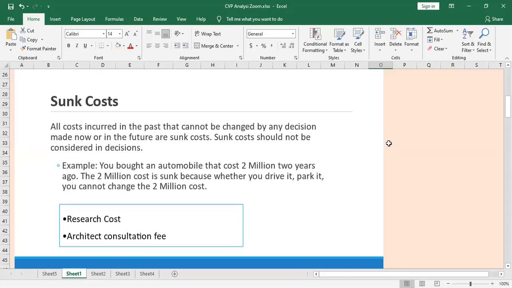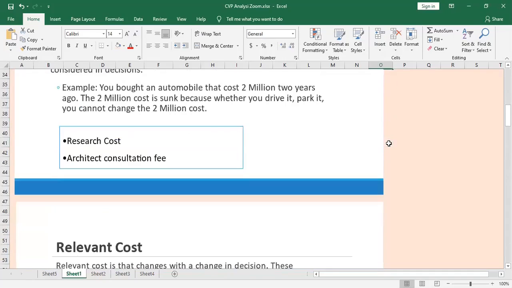So normally when we are making decisions, especially when it comes to costing, we do not consider the sunk cost. We consider the sunk cost as an irrelevant cost, something that is not relevant for a decision, right? This is actually another type of cost that I want to discuss.